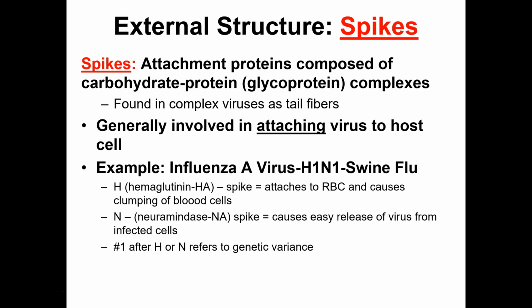All right, so if you remember back when we talked about bacterial cells, we spent a lot of time talking about all sorts of external structures, right? Pili, flagella, capsules, whatnot. The nice thing about viruses is outside of that possible envelope, the only other structure is spikes. Now, spikes are something you find on all viruses. All of them.